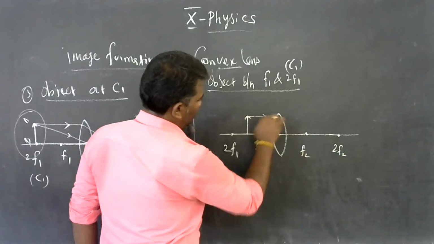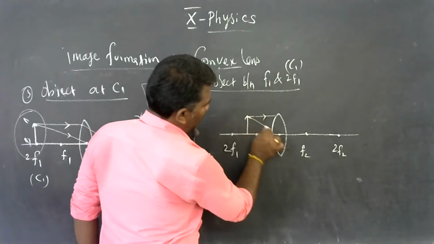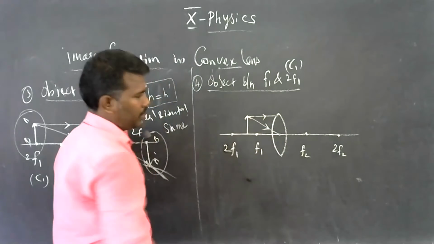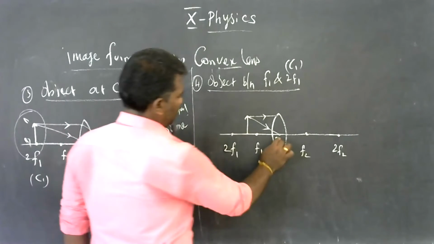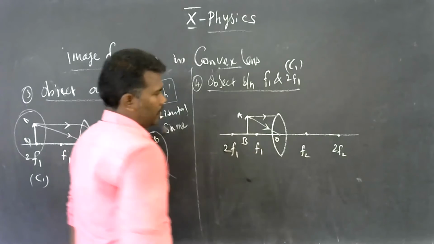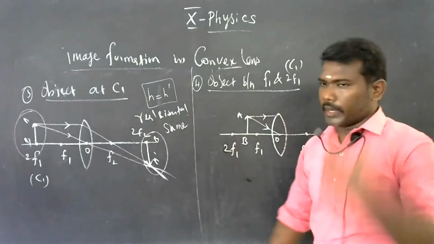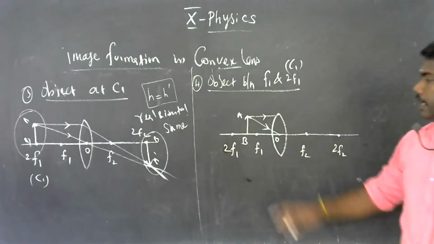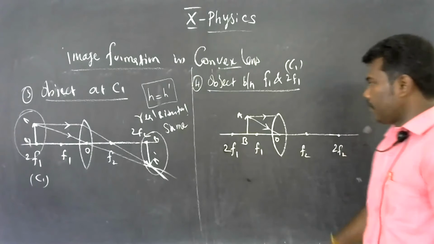Same as before, we consider the two incident light rays. One is parallel to the principal axis, another one is passing through the optical center. So the object is AB. Okay, this is the initial condition. The object is located in between the points F1 and 2F1.